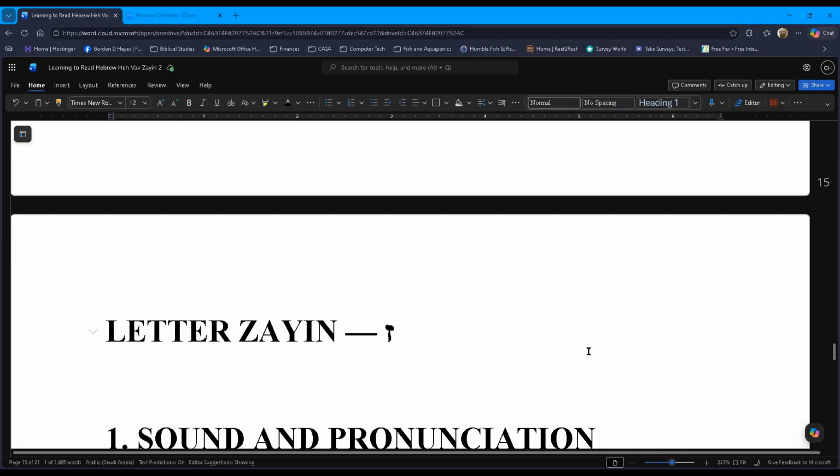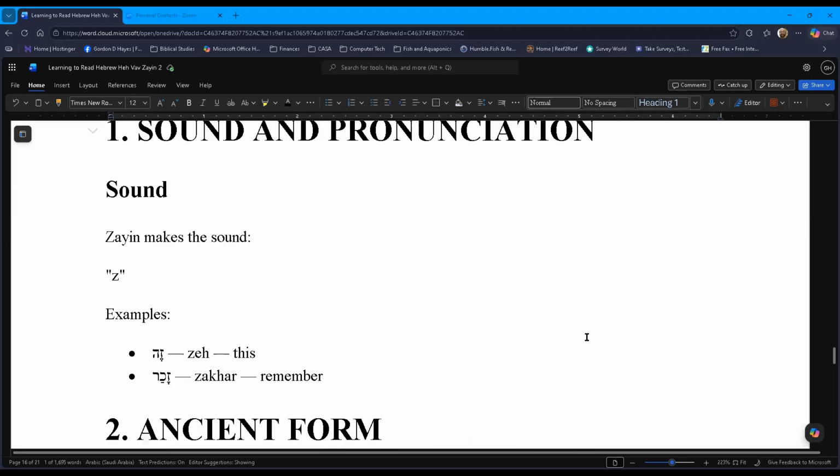The letter Zayin, the last letter that we'll look at tonight, sounds like our English letter Z. Some examples are Zeh, which means this, Zeh Melech, this king, Zakar, to remember.